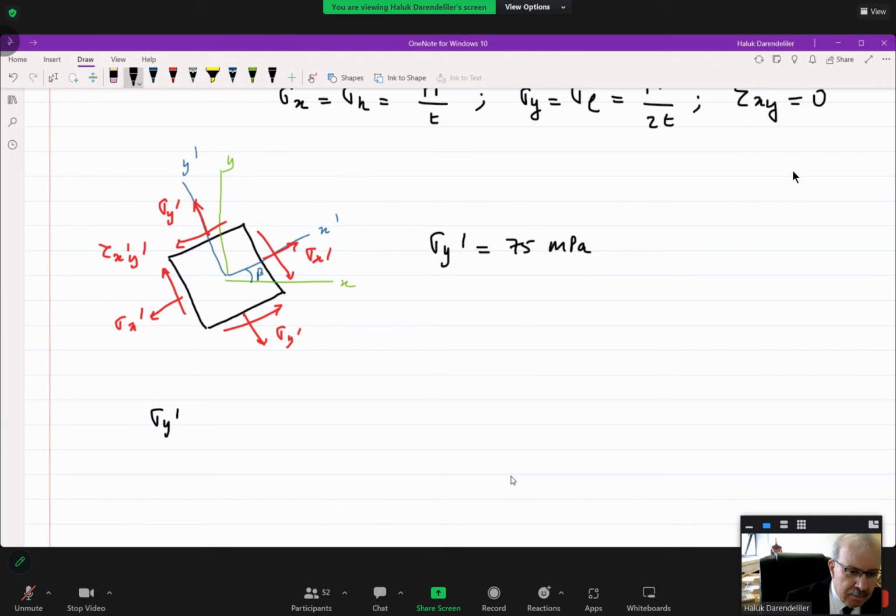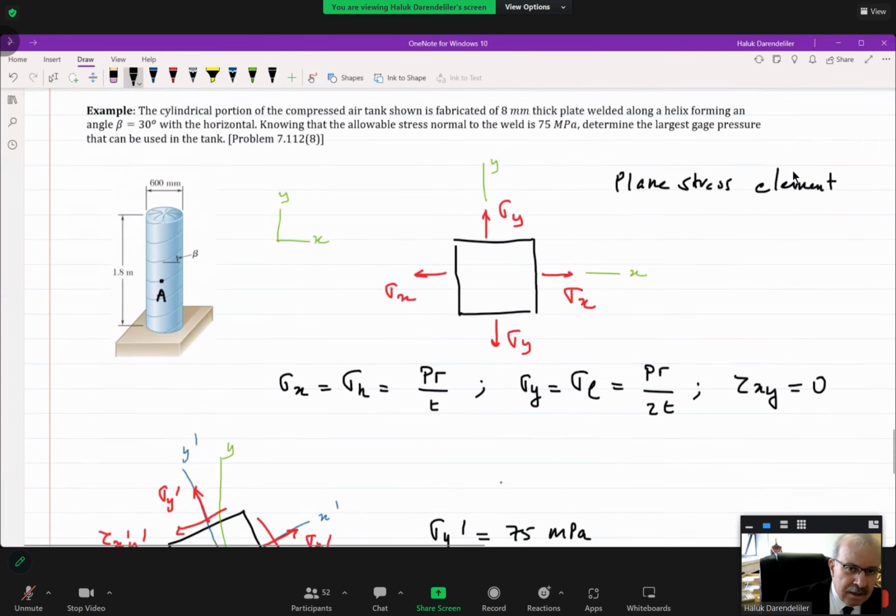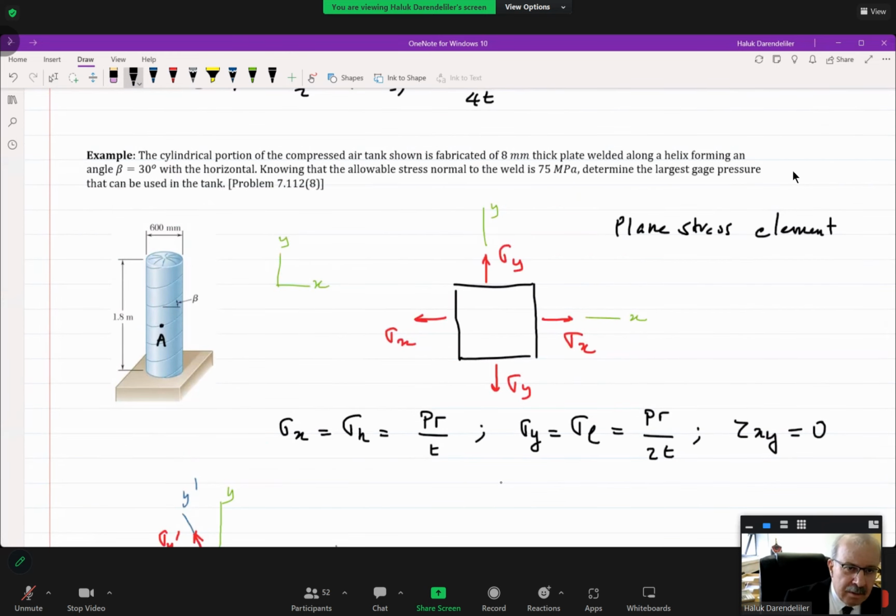Sigma y prime is equal to (sigma x plus sigma y) over 2 minus (sigma x minus sigma y) over 2 cosine 2 theta minus tau xy sine 2 theta. Now we know these.